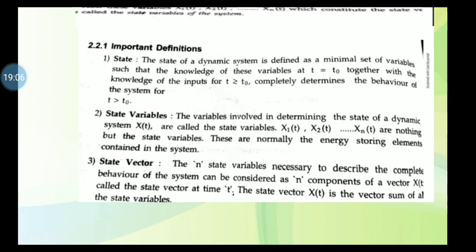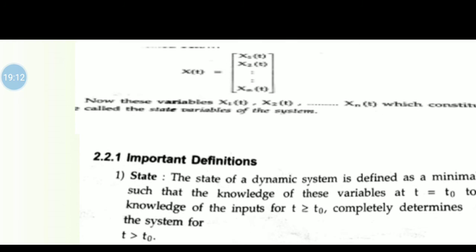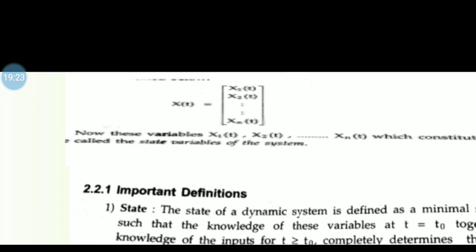So x of t is equal to x1(t), x2(t) up to xn(t), where x1(t), x2(t) up to xn(t) constitute the state vector x of t and are called the state variables of the system. Okay.